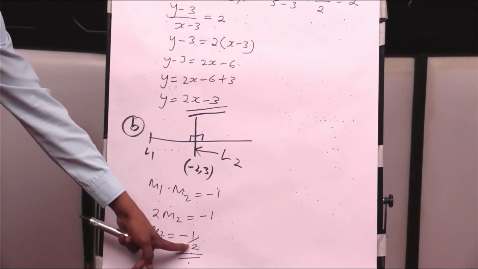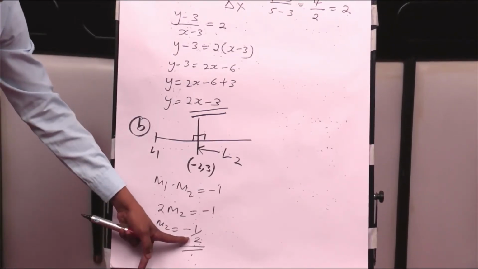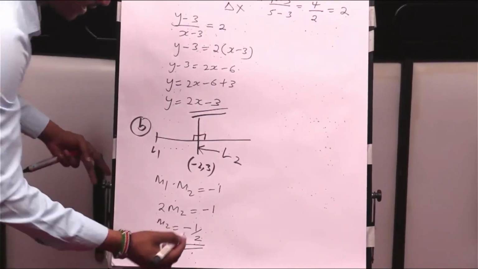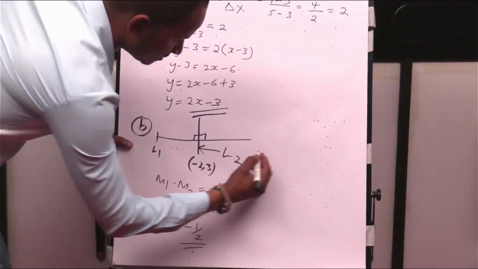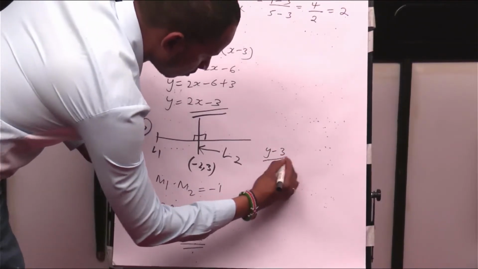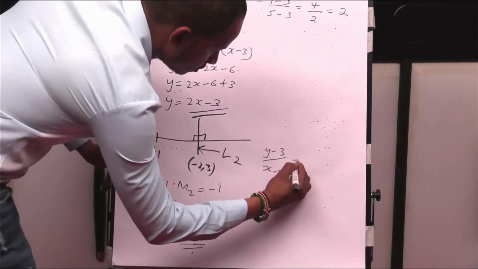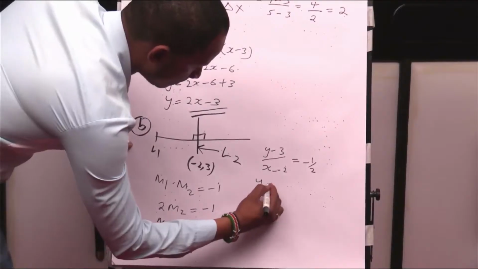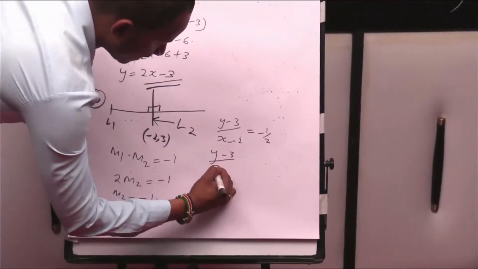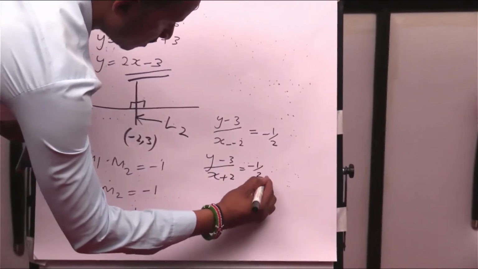Therefore, use this gradient and this point to form an equation of line L2. To get this gradient, change in y, which is y minus 3, over change in x, x minus minus 2, equals minus a half. So y minus 3 over x plus 2 equals minus a half.